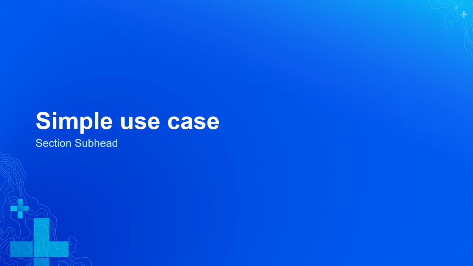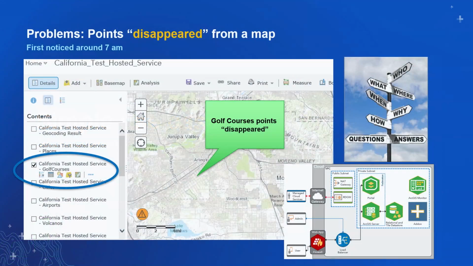So just imagine you're a novice user, you configure WebGIS, you publish your service through Portal, and unfortunately, these points disappeared from your map. So you find yourself thinking, well, what should I do?